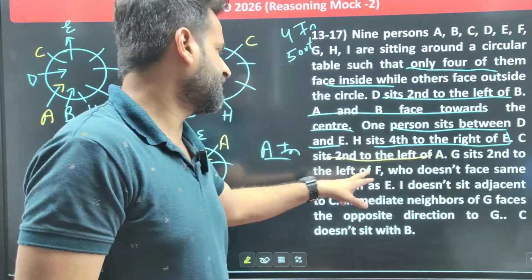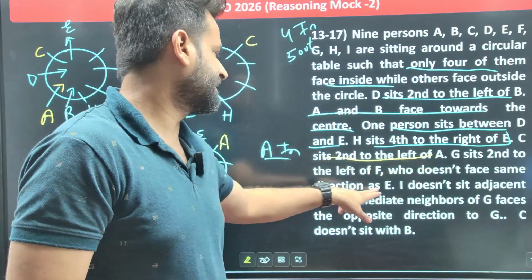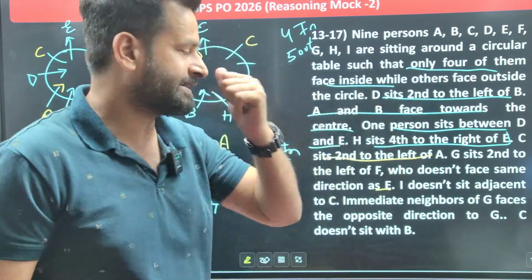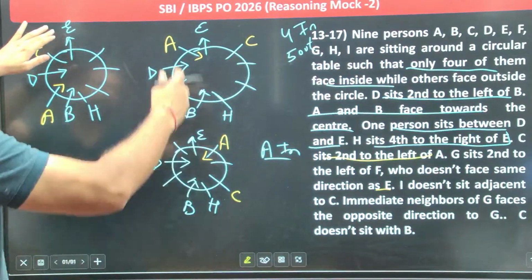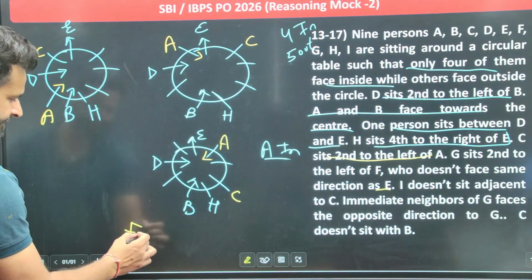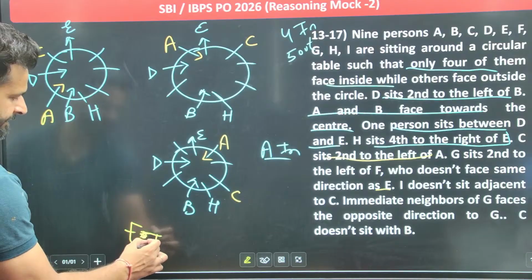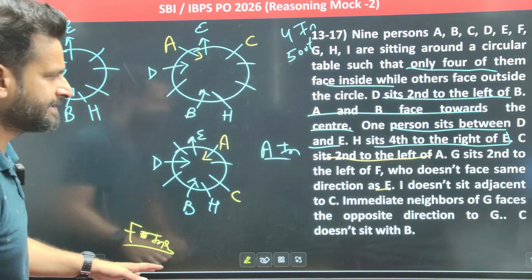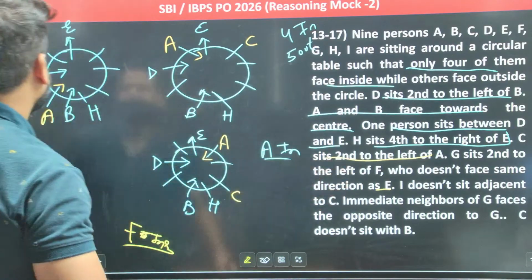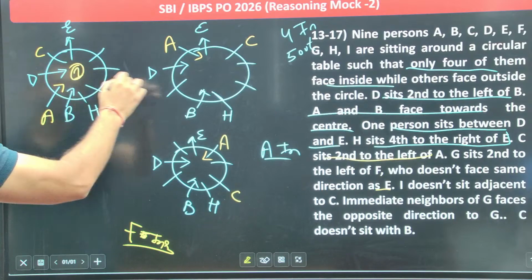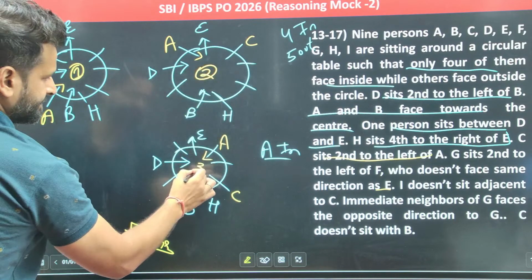G is second left of F, who does not face the same direction as E. So F's and E's directions are different. E is facing outside, so definitely F will be facing inside. F is facing inside and G is second left of F. First case, second case, third case.